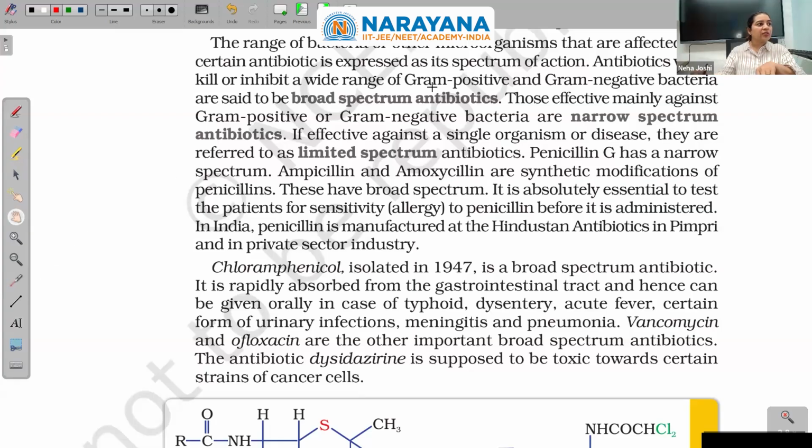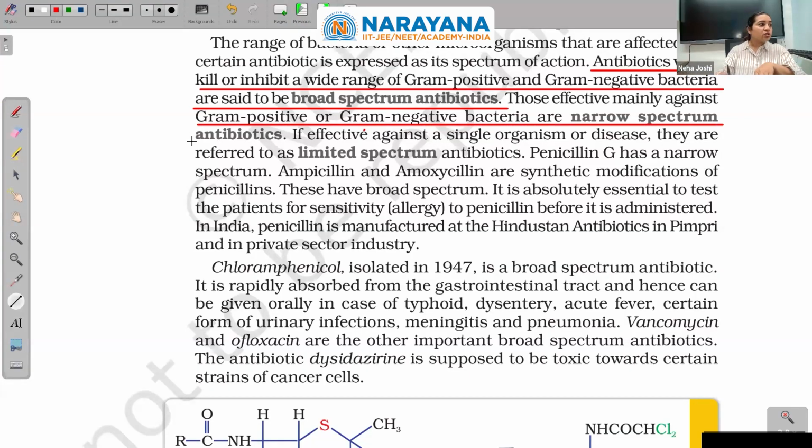So what are broad spectrum antibiotics? Antibiotics which kill or inhibit a wide range of gram positive or gram negative bacteria are said to be broad spectrum antibiotics. Those effective mainly against only gram positive or only gram negative are called narrow spectrum antibiotics.